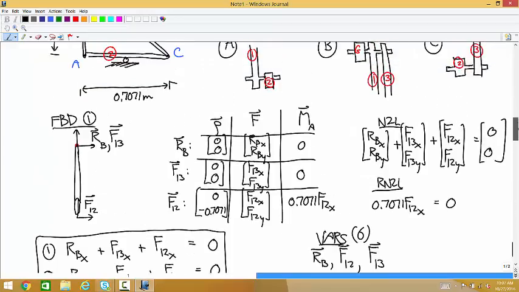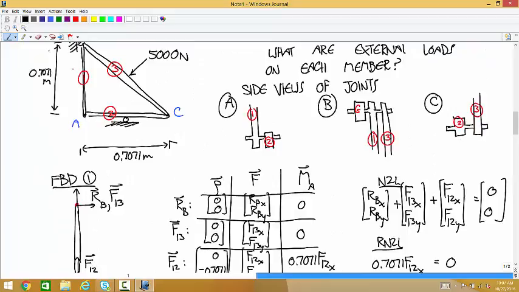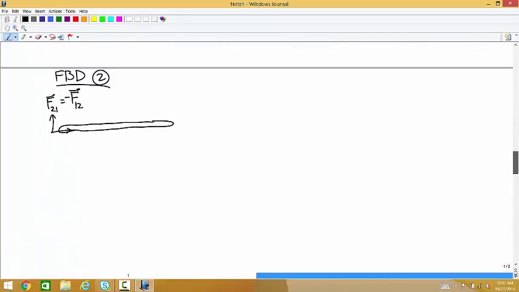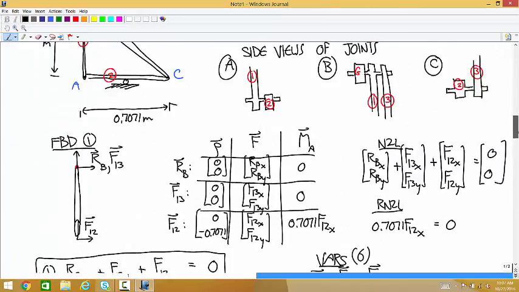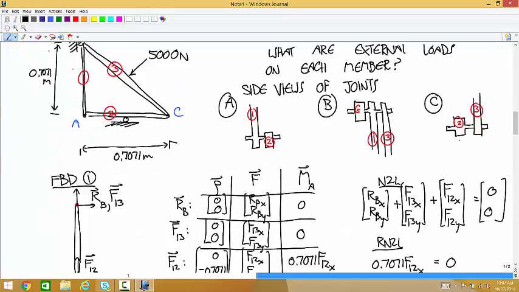And then what kind of force is happening at the roller? That's acting perpendicular to the surface of rolling towards member 2. So that's an upward force. I'll just call that R. And then the last one is over at member C. So looking at this side view, what bodies are touching member 2?